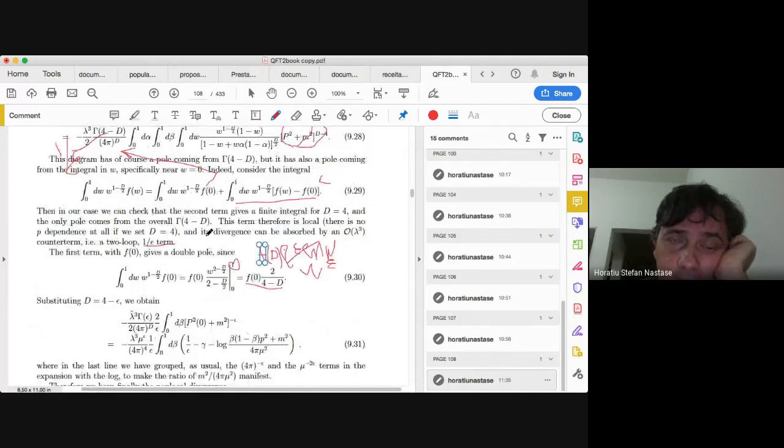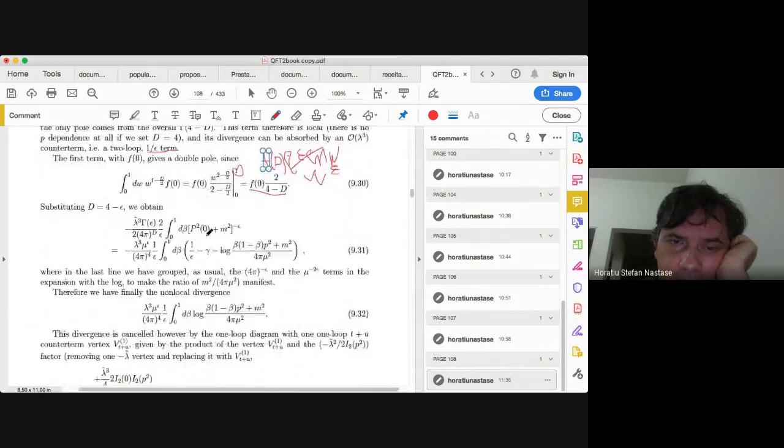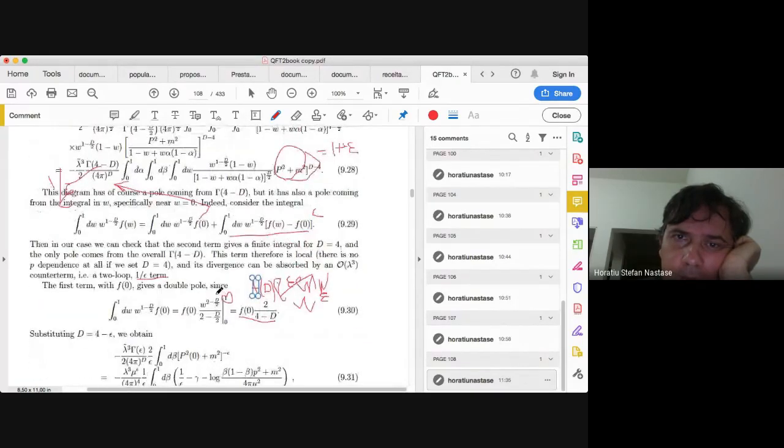And the non-local part, this is complicated. The non-local divergence comes from expanding this 1 plus epsilon.